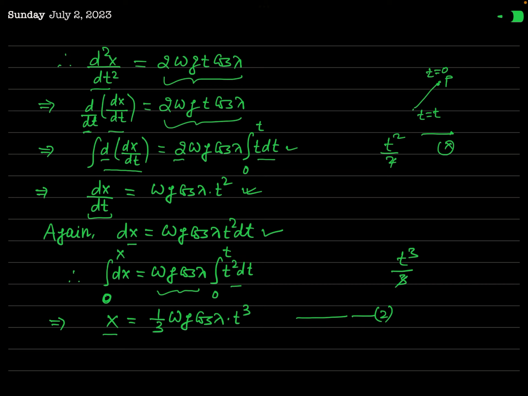Here the 3 will not cancel out. So x equals 1 by 3 omega g cos lambda into t cube. This is the deviation suffered by the particle due to the Coriolis force. You can see in this deviation there is no role of gravity, because the component of the force of gravity in this direction is 0. So this deviation is only due to the Coriolis force acting on the particle.